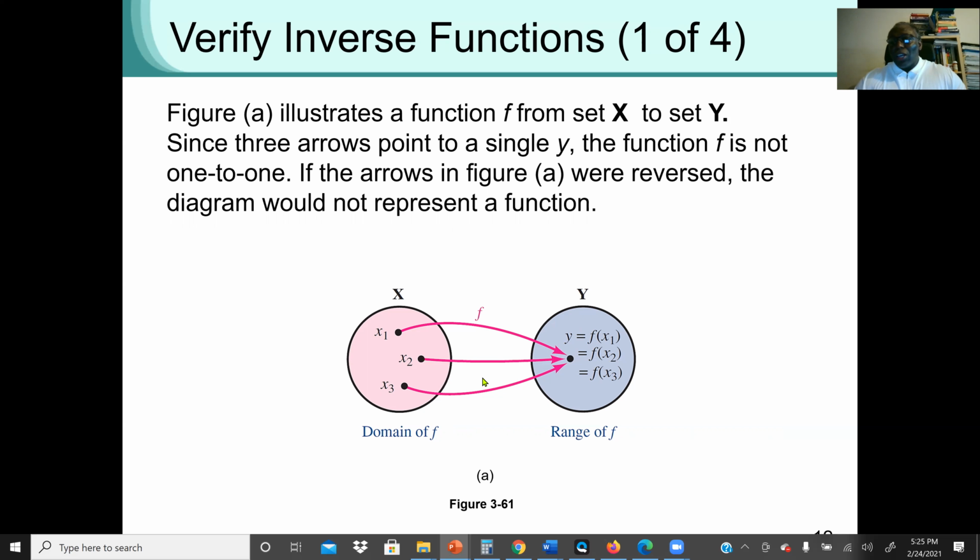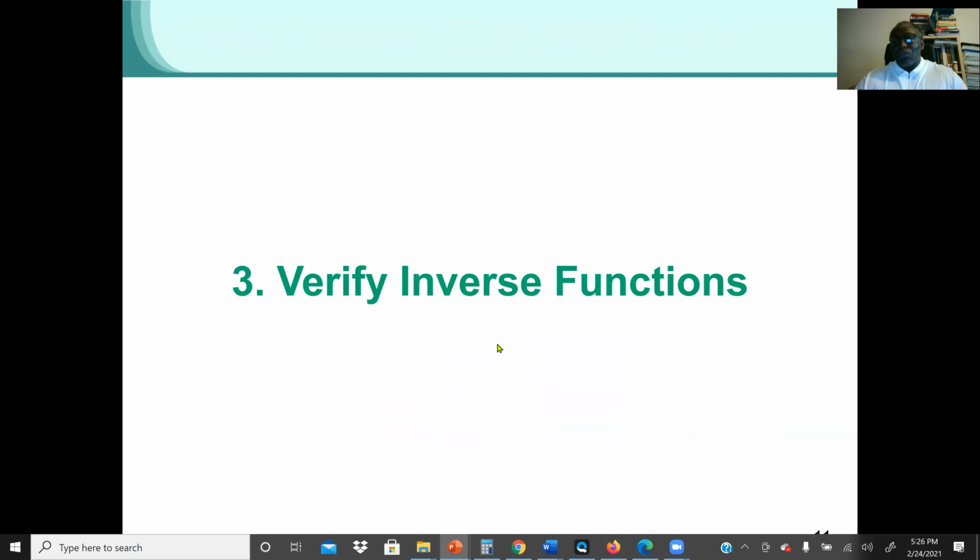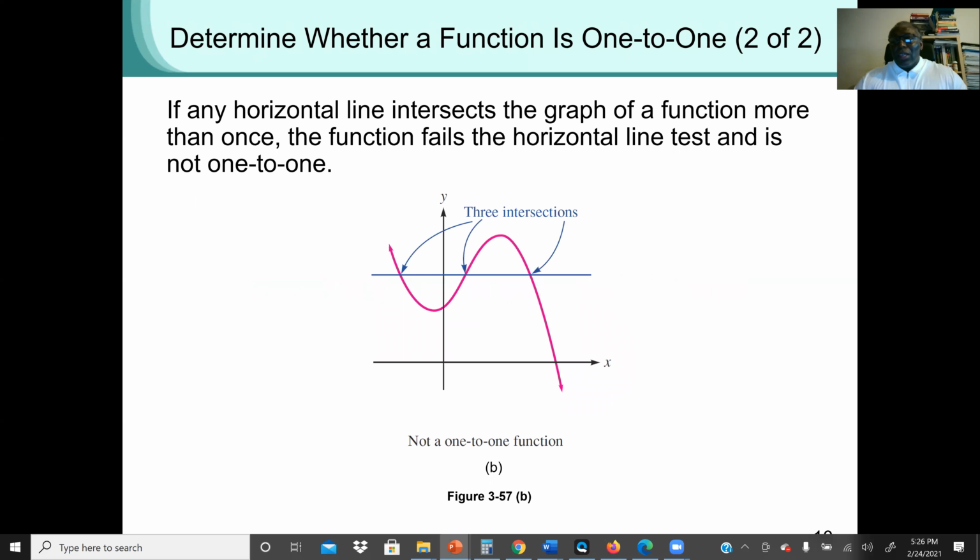And normally we check whether a graph is not a function by using the vertical line test. So when we draw a vertical line, let's say we have this function here, and it touches the graph more than once, then it's not a function.